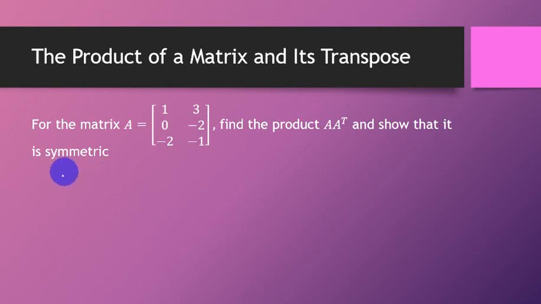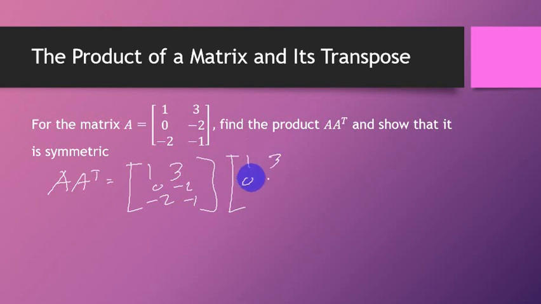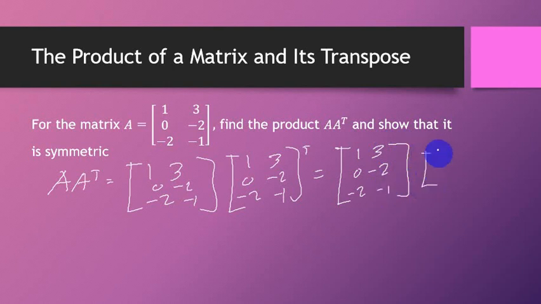Alright, so first we are asked to find A A transpose. So that would mean we need to multiply A, this matrix, to its transpose. 1, 3, 0, negative 2, negative 2, negative 1, transpose. This would then be 1, 3, 0, negative 2, negative 2, negative 1, multiplied to the matrix 1, 0, negative 2, 3, negative 2, negative 1.